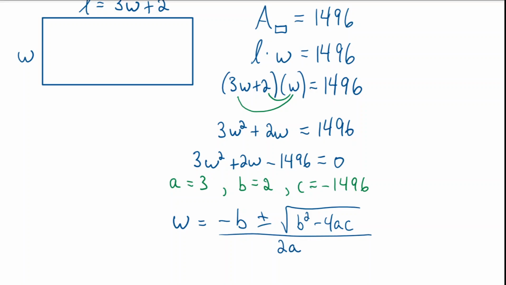B is 2, A is 3, and C is negative 1,496.